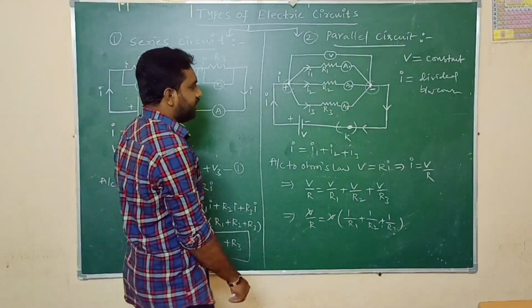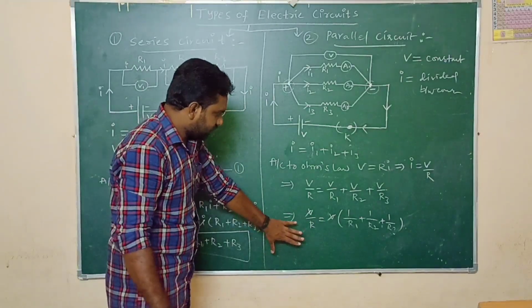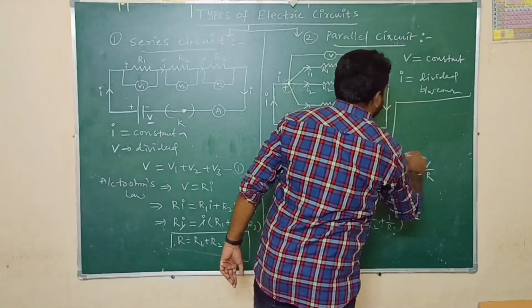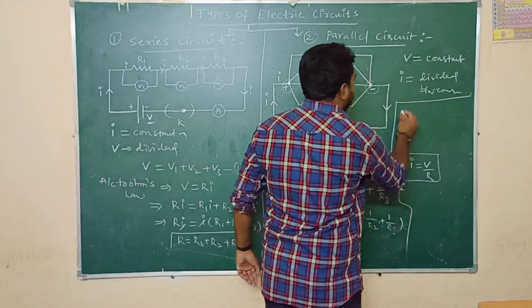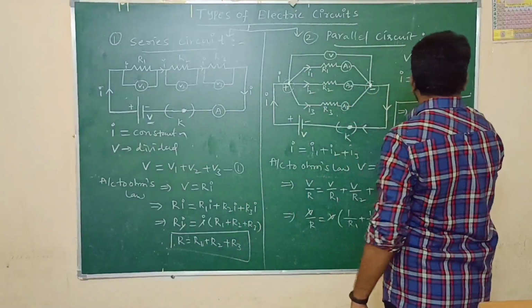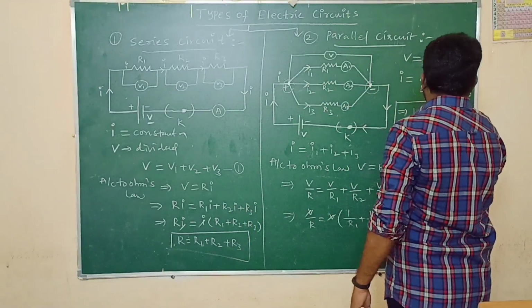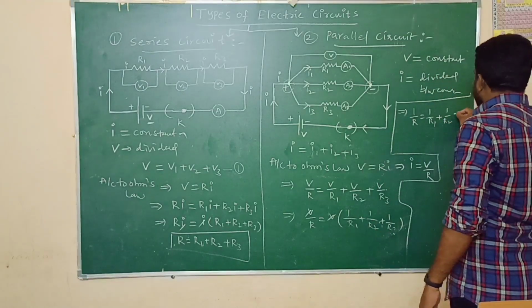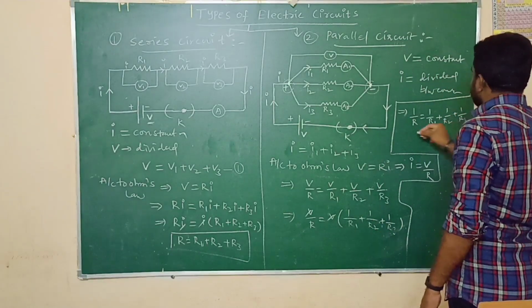Then we can write finally, since there is not sufficient space, I am going to write the continuing equation here. The final equation is 1 by R equals 1 by R1 plus 1 by R2 plus 1 by R3.